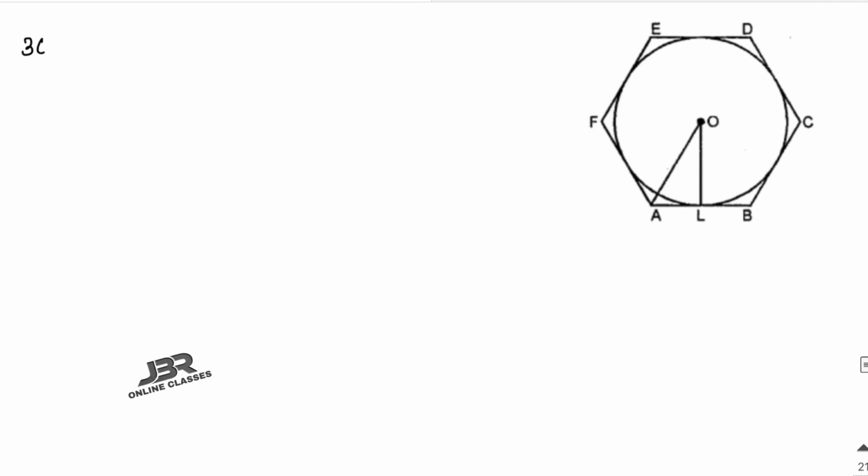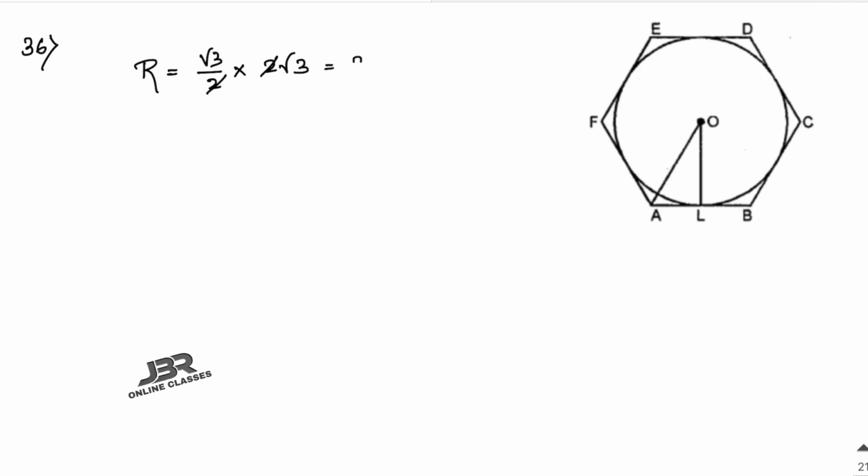Now next one, sum number 36. A circle is inscribed in a regular hexagon of side 2 root 3 centimeter. Find the circumference of the inscribed circle. First you have to find out the radius of the inscribed circle. The radius equals root 3 by 2 into the side of the regular hexagon, that means 2 root 3.